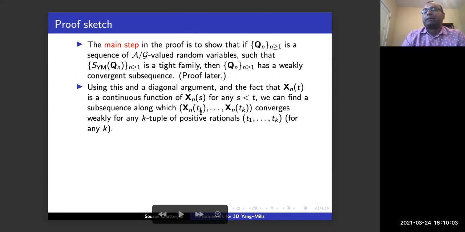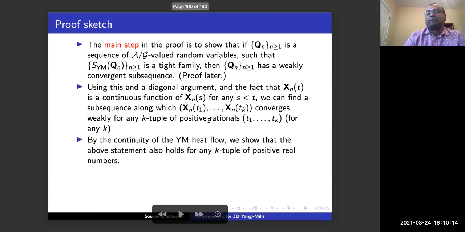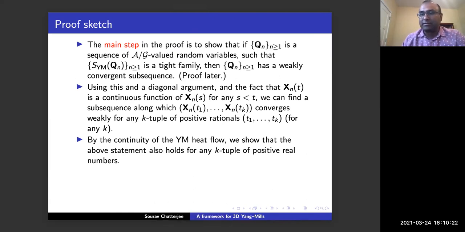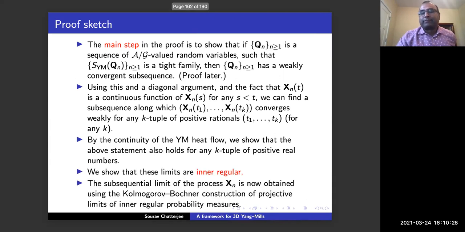And then you can extend it to show that for any t1, t2, ..., tk, xn t1 to xn tk is a tight family of k-tuples. And then using the continuity, use a diagonal argument to get all the finite dimensional distributions of your subsequential limit measure. I see. That's very nice. Oh, thank you.